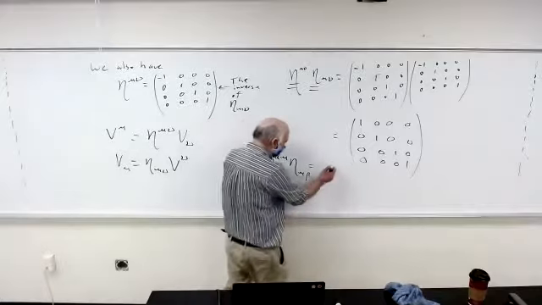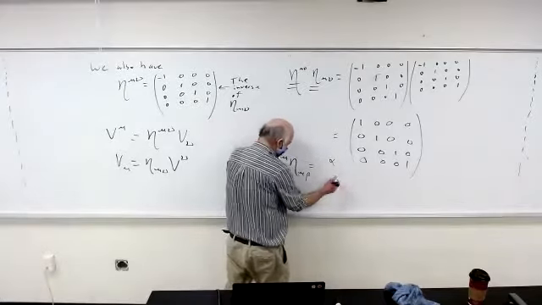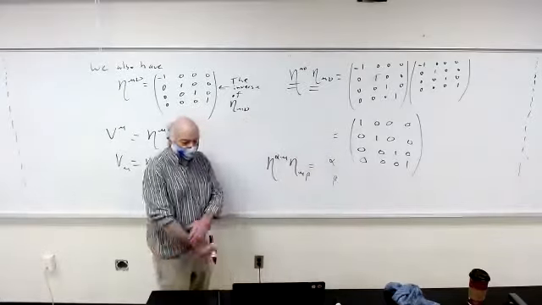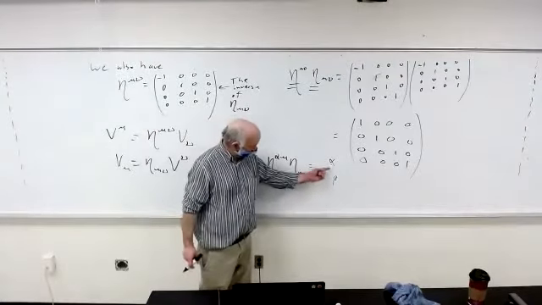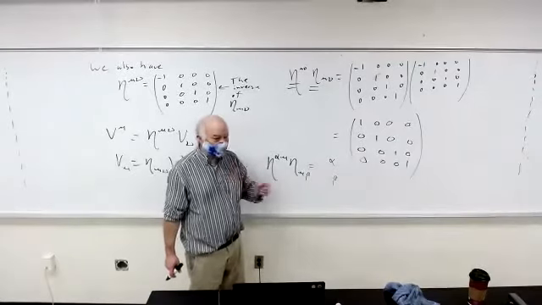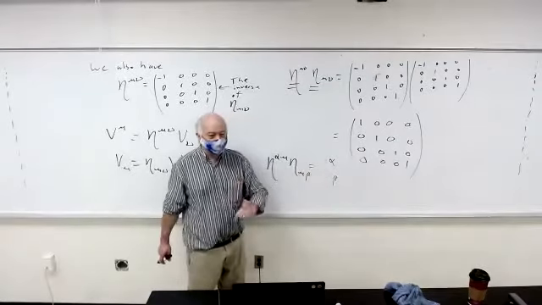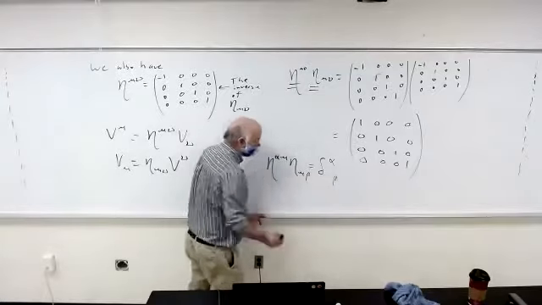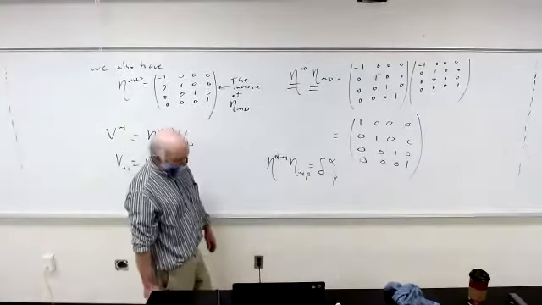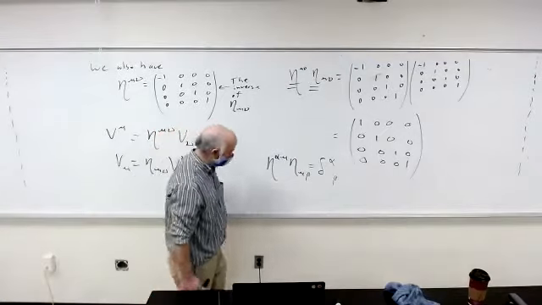This is going to be 0 if alpha does not equal beta, but if alpha equals beta, it's equal to 1. What would be a good symbol for that? Yeah, that's our Kronecker delta. So that's how we write the Kronecker delta from now on.